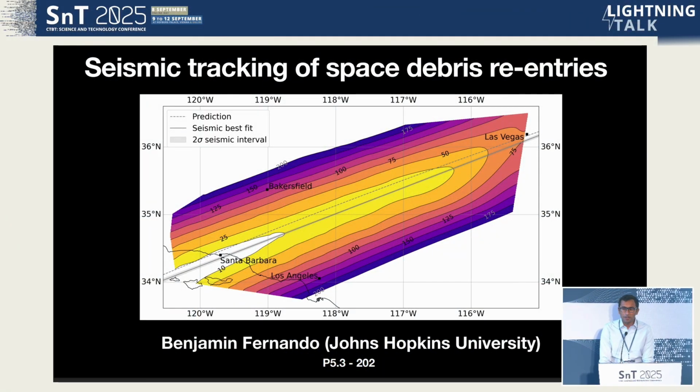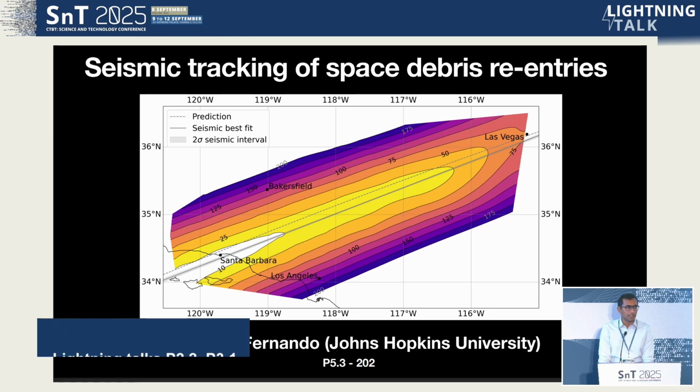Good morning, everyone. My name is Ben Fernando. I'm a postdoc at Johns Hopkins University in the US. My poster, which I hope you'll all come and see in about an hour, is on seismoacoustic tracking and characterization of re-entering space debris. We on the ground face a growing threat from items of space debris that undergo uncontrolled re-entries.